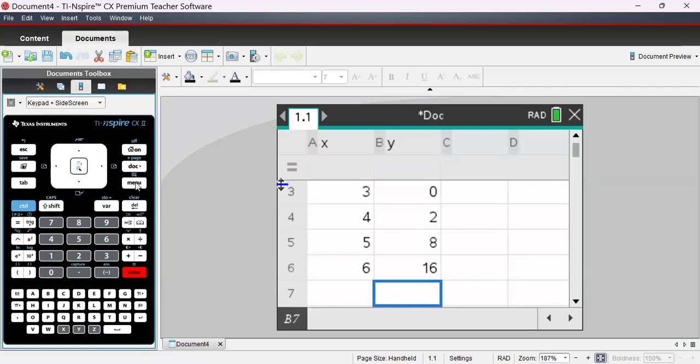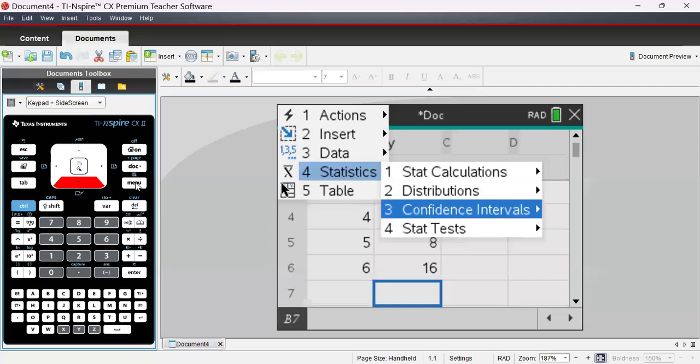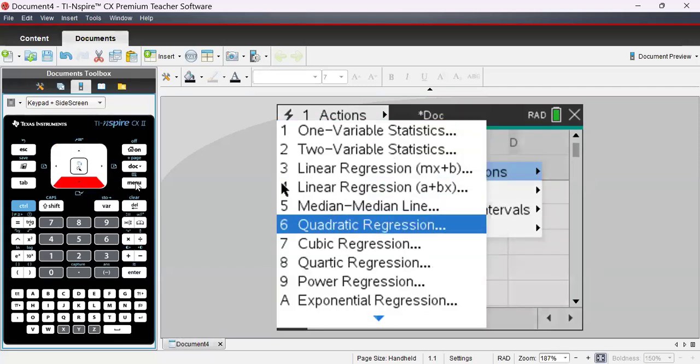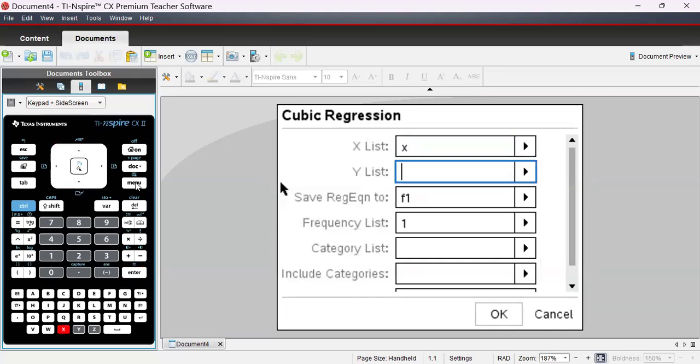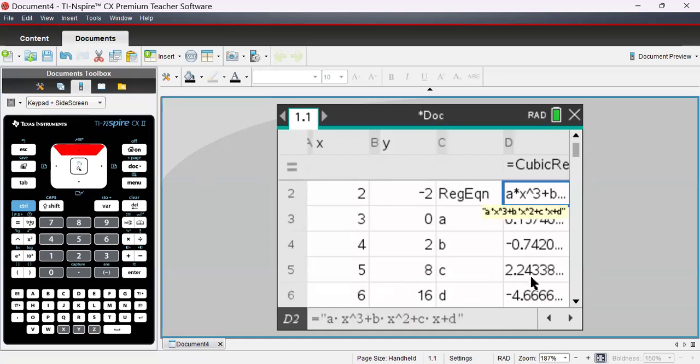The first one they asked for is a cubic function. All right, so there's A. And they want 3 decimal places.